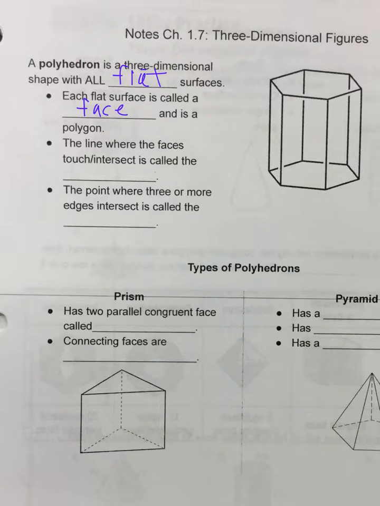The line where the faces touch or intersect is called the edge, and the point where 3 or more edges intersect is called the vertex, or vertices if there's more than one.